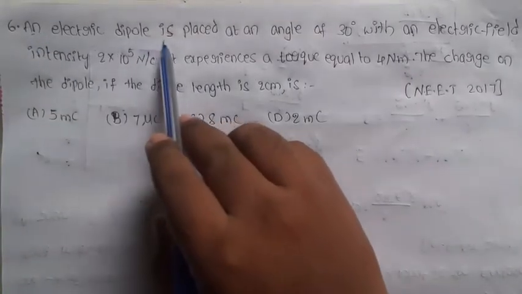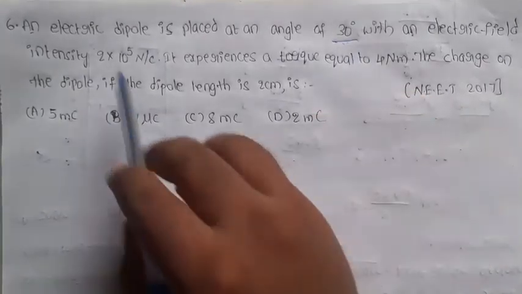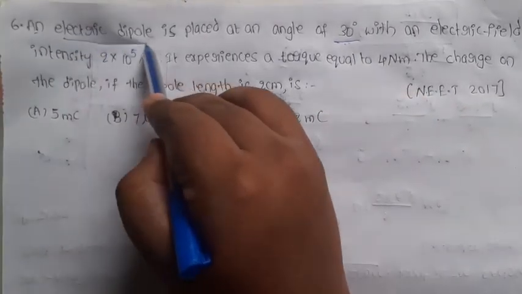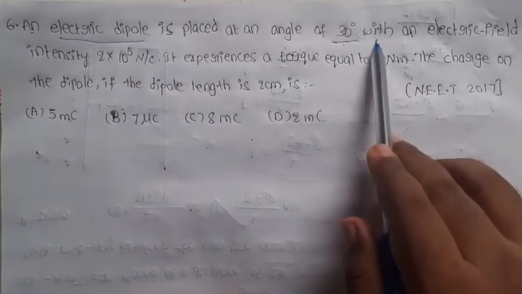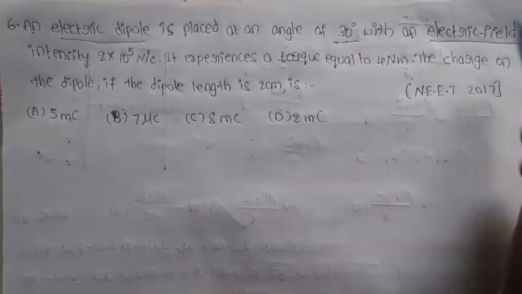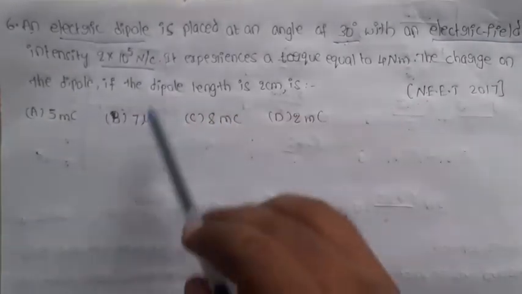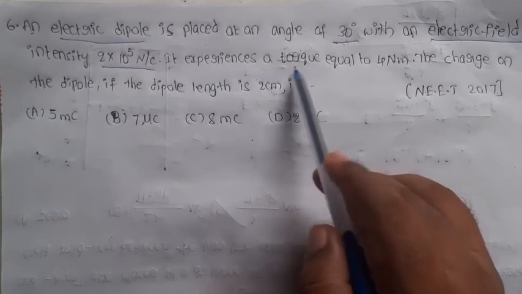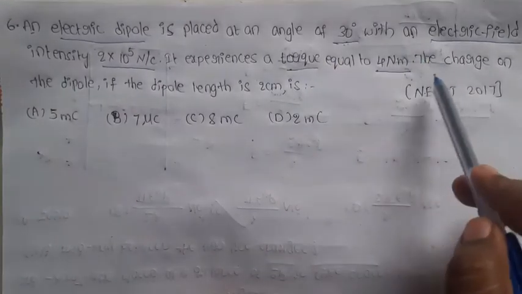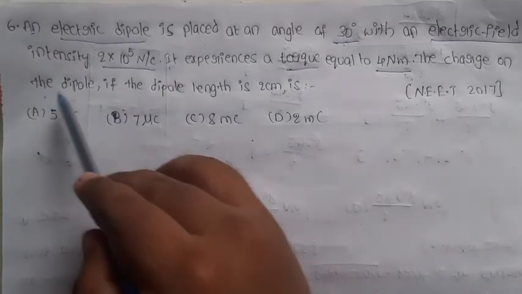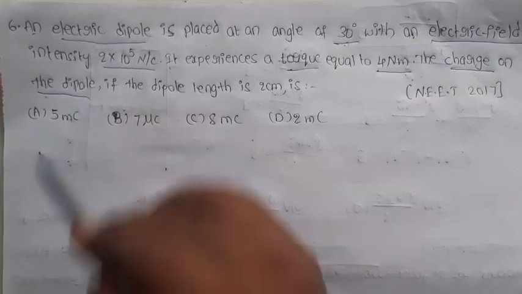An electric dipole is placed at an angle of 30 degrees with an electric field of 2 into 10 to the power of 5 Newton per Coulomb. It experiences a torque equal to 4 Newton meter. We are going to find the charge on the dipole.